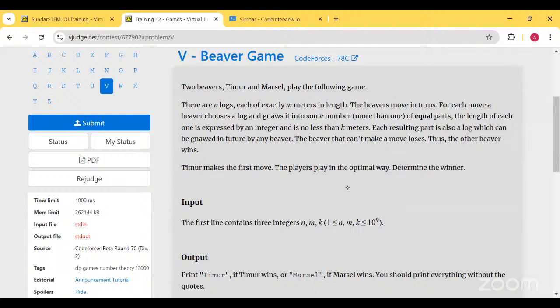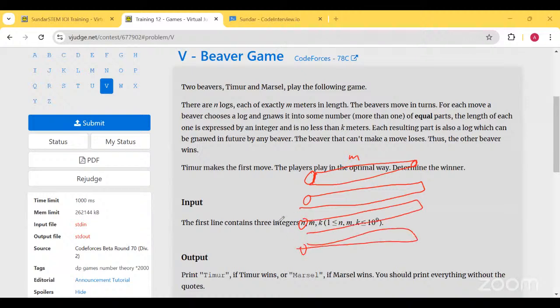So given n logs, each log with length m meters, and there are n logs.